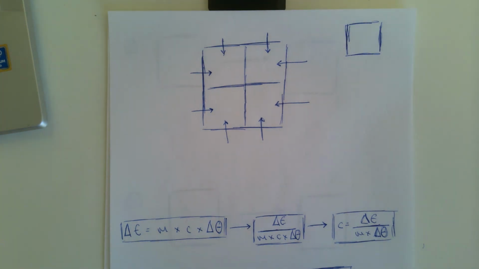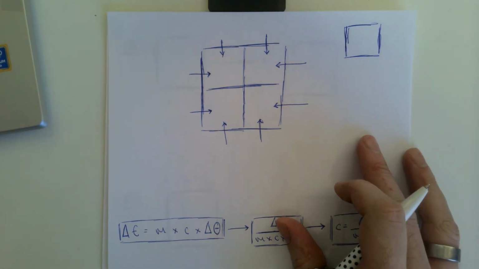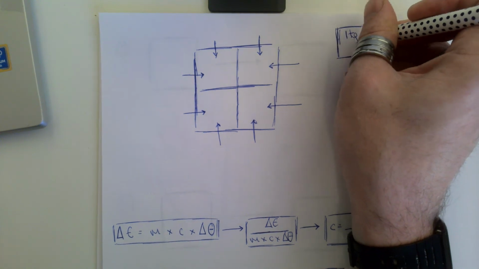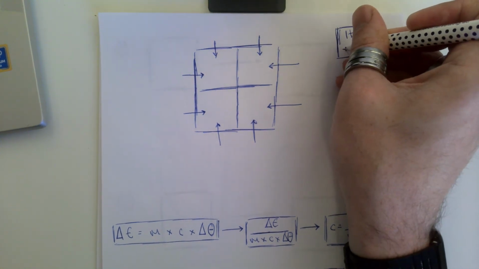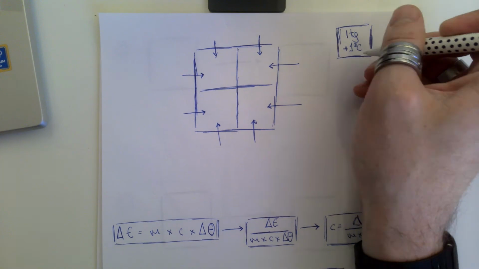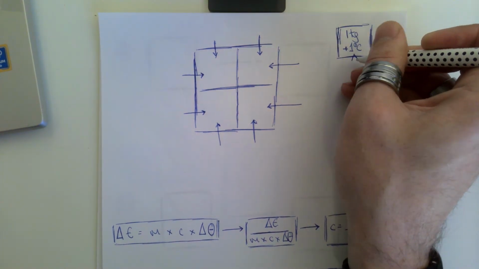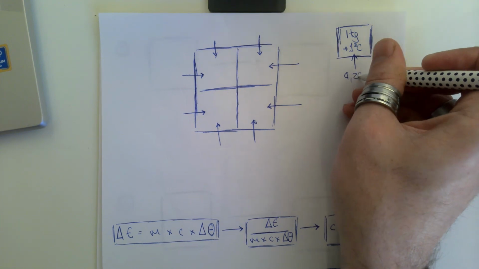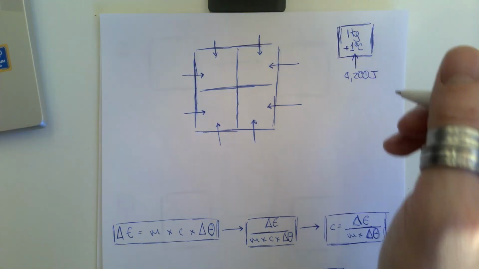So if we think back to water, and we know that if we've got 1 kilo of water and we want to increase it by 1 degree Celsius, we have to input 4,200 joules.